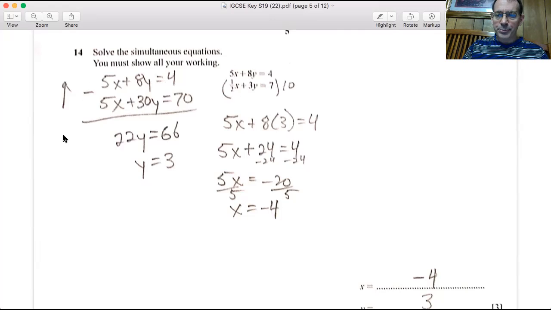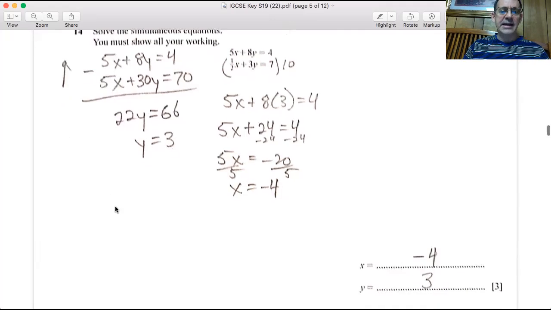I like to keep positive values if I can. So I'm going to subtract going upwards. I could rewrite it so that the bigger value is on top, but I'm just subtracting going up. So 5 minus 5 is 0, 30 minus 8 is 22, and 70 minus 4 is 66. That way I don't end up with negatives.